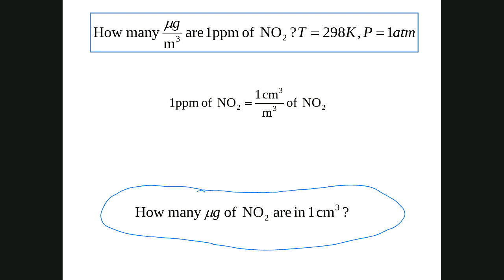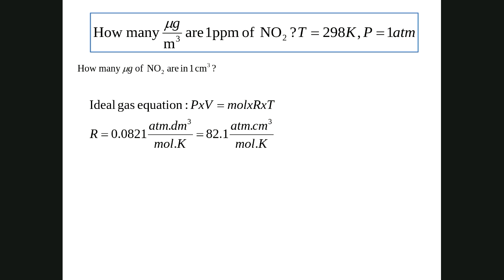One is the equation that relates the weight of a gas to the pressure and the volume, and that is the ideal gas equation. It does not specifically tell you about the weight in grams or milligrams. It tells you about the weight in moles, but that can be converted later.